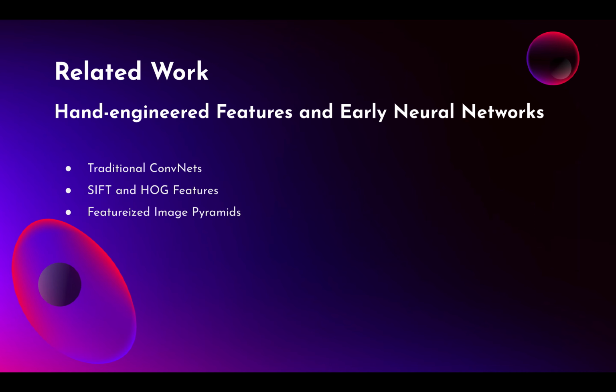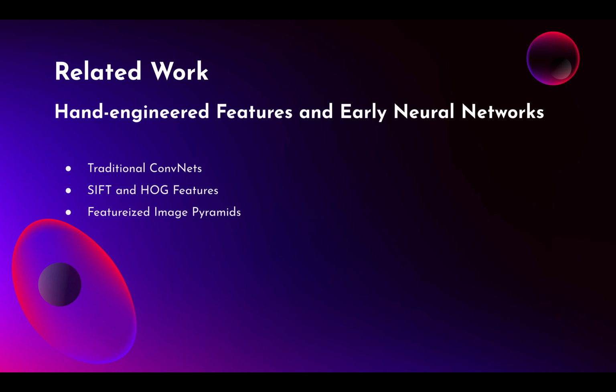The first related work is hand-engineered features and early networks. Before convolutional neural networks, people used shallow networks or image pyramids for face detection across scales. Then, SIFT features were extracted by scale space extrema and used for feature point matching.